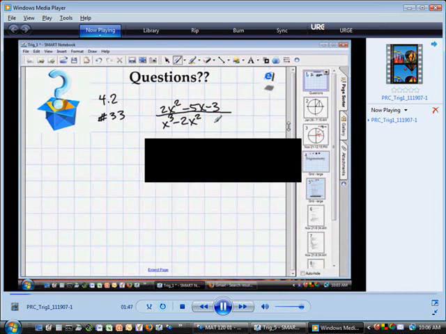And the directions are identify all the intercepts, find any vertical and horizontal asymptotes, check for symmetry. That's me trying to get back into this. Try to sketch the graph of this.